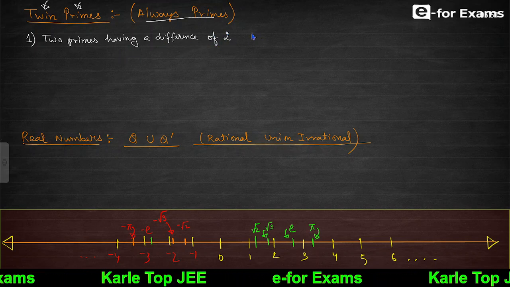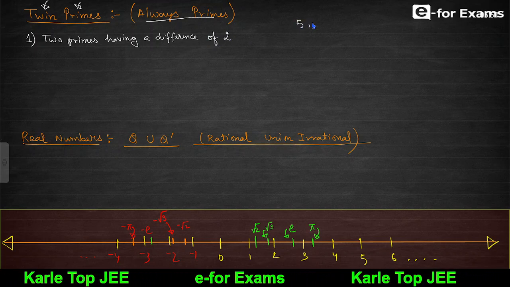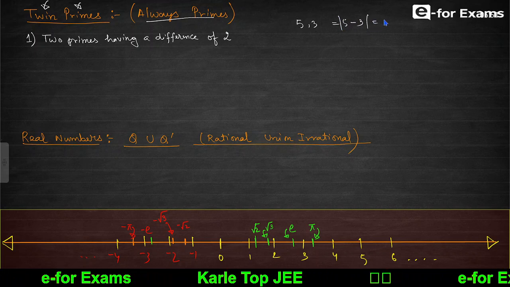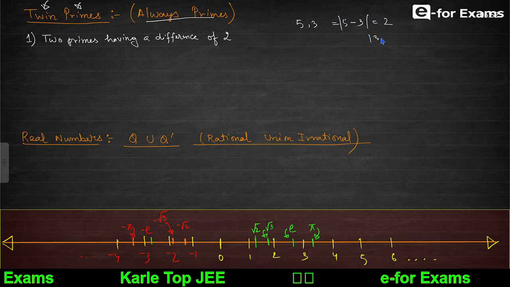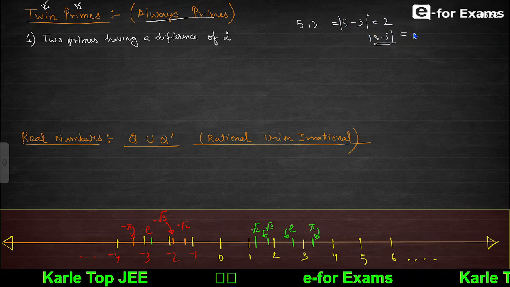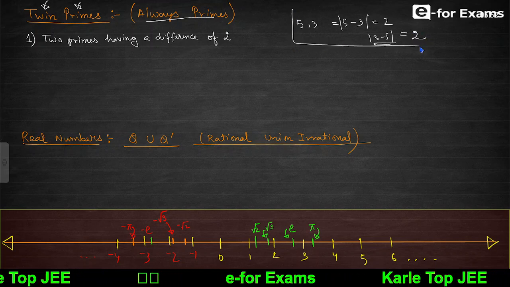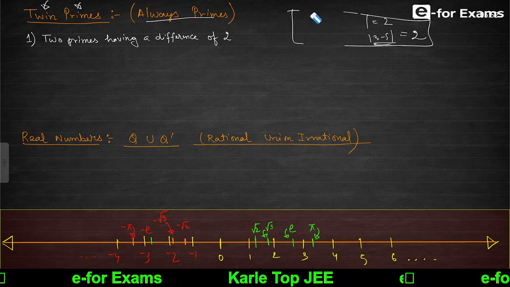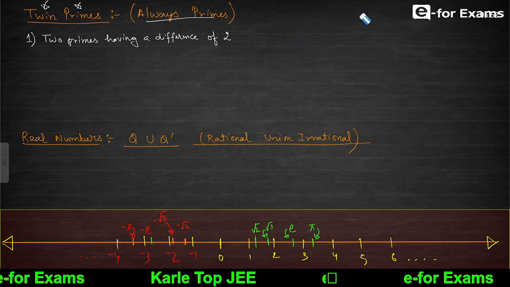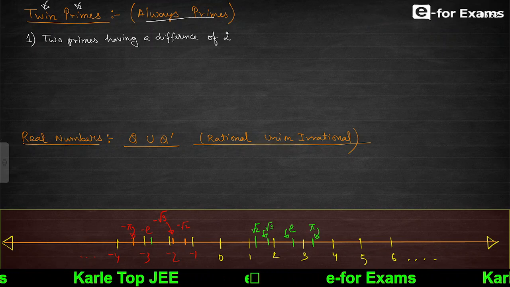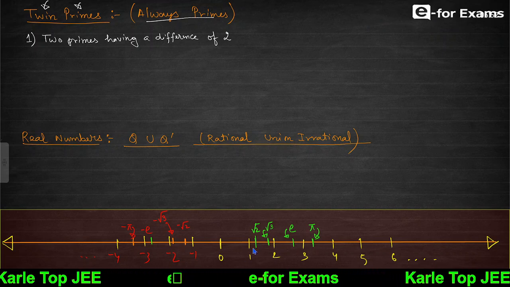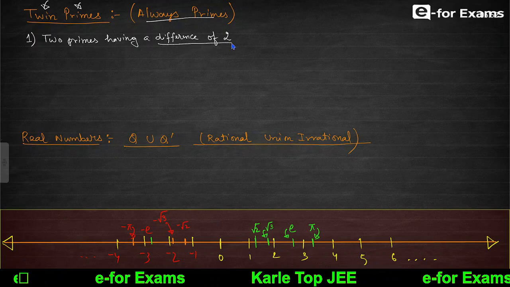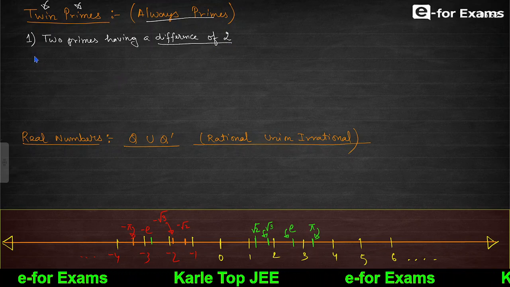For example, 5, 3. 5 minus 3 equal to 2. Or 3 minus 5, modulus will be here, okay? Always positive. Two primes having a difference of 2 are called twin primes.